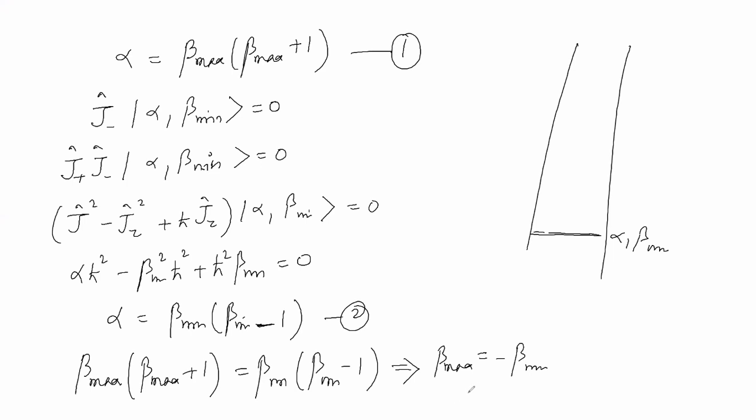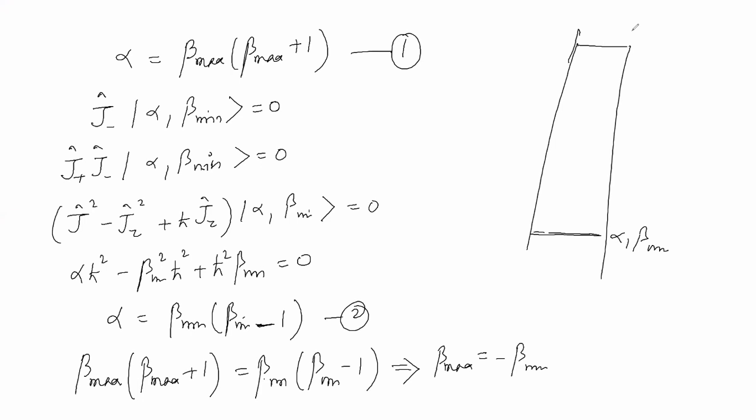This is only possible when beta max is equal to minus of beta min, because if you put minus of beta max here, minus of beta max here, take the minus sign common throughout, you will get the left hand side. Therefore, the relationship you are getting is that beta max is minus of beta min, is it not?